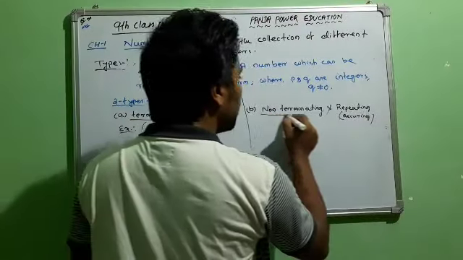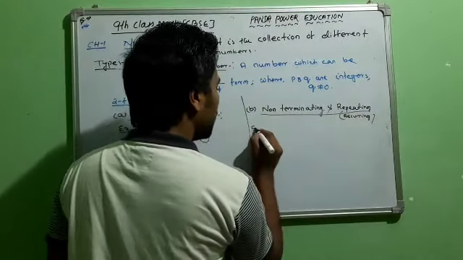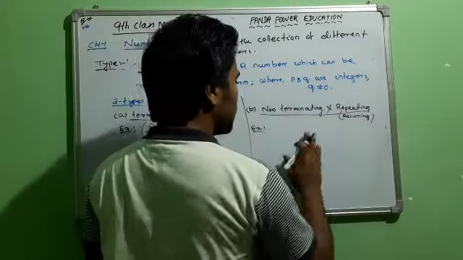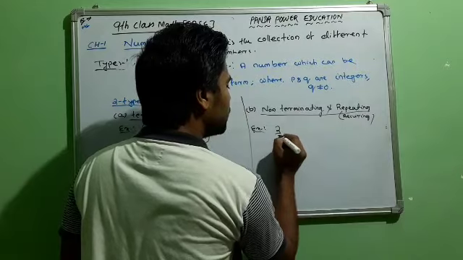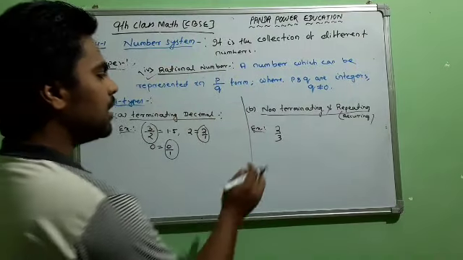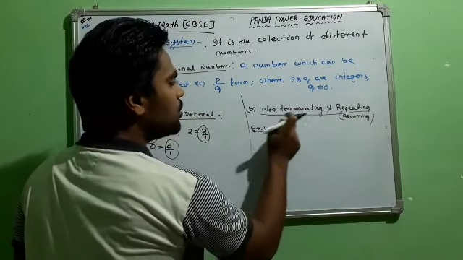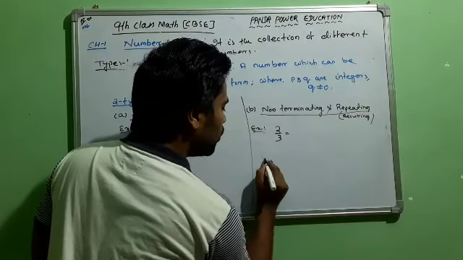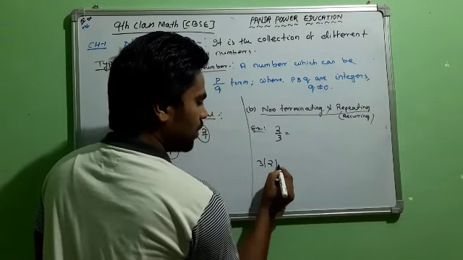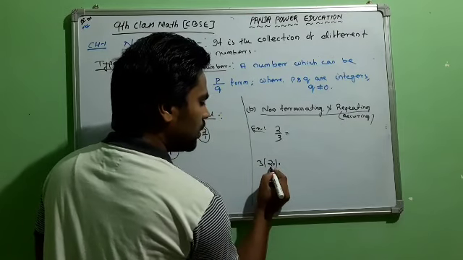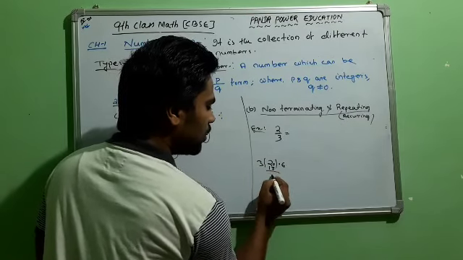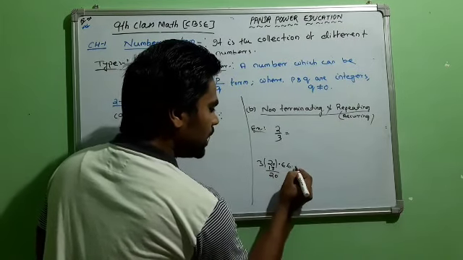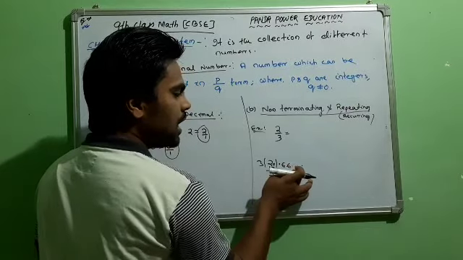I'll give the example 2 divided by 3. How is it non-terminating and repeating? Divide 2 by 3: 0.666, repeating like this. It never stops.